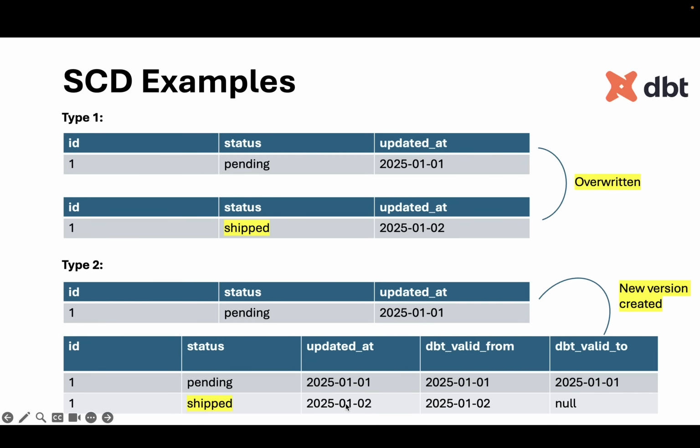What DBT does when you run your snapshot is it updates the existing table in your data warehouse, and it's going to expire the original record. So you can see here DBT valid to will now be expired on this date, and the new one will be starting from the 2nd.